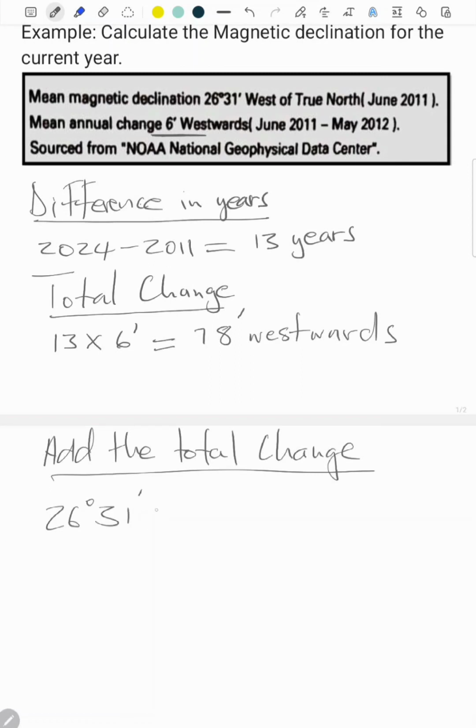Now we add the total change for the past 13 years, so it will be plus 78 minutes. We are going to add the minutes because we have minutes there. This side is 26 degrees 31 minutes, and we are adding the 78 minutes. 78 minutes plus 31 minutes will give us what? 26 degrees, but the minutes will be 109 minutes.